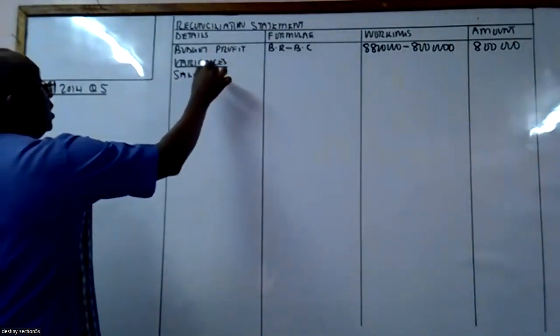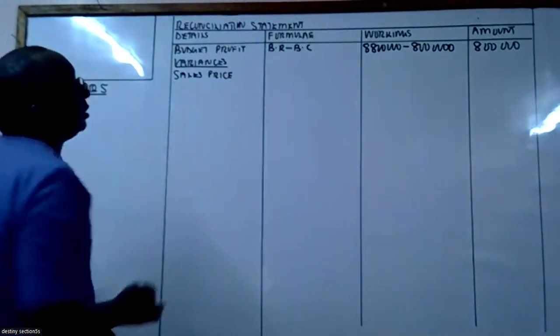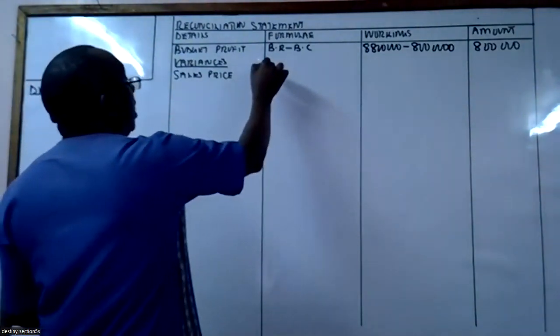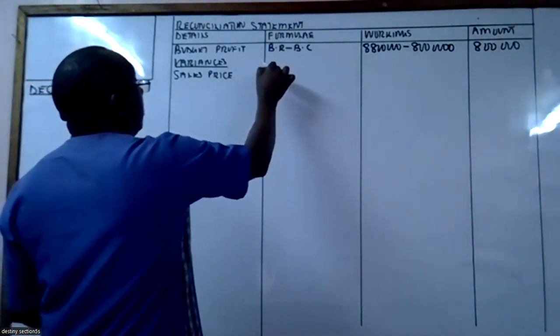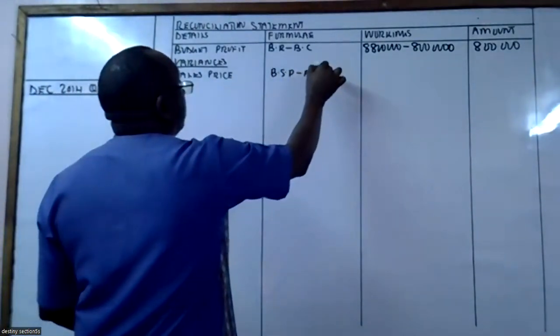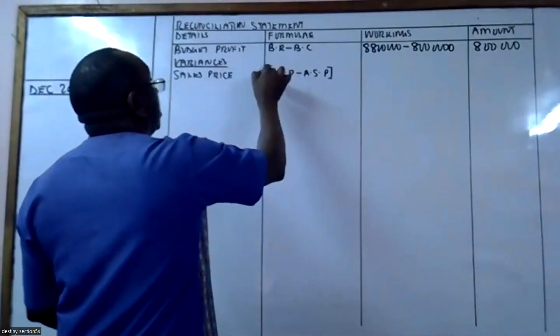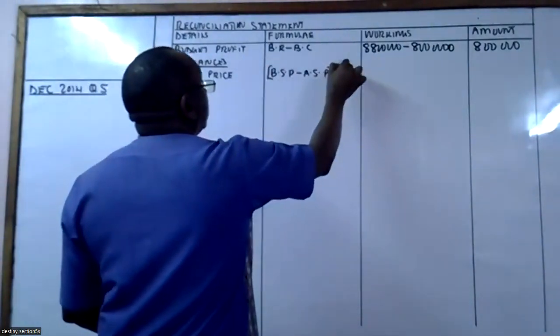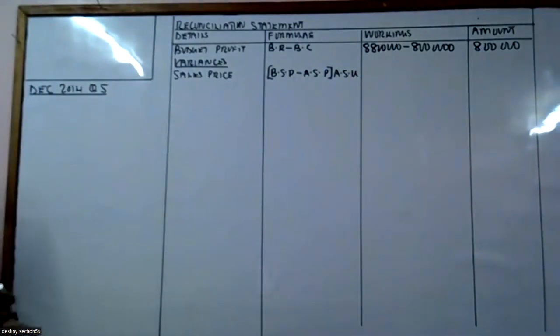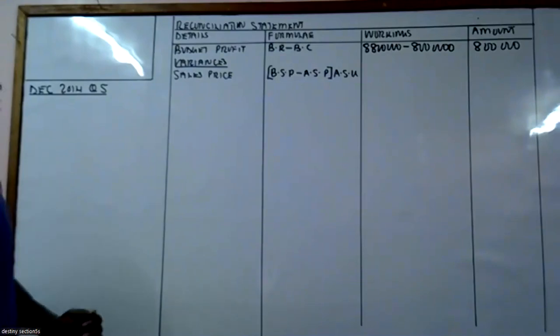Now, sales price, I've told you when you're doing reconciliation, it is the budget selling price minus actual selling price, multiplied by actual sales units.